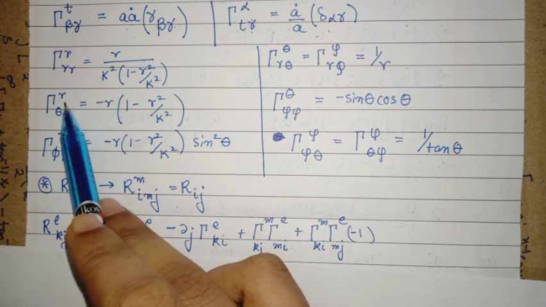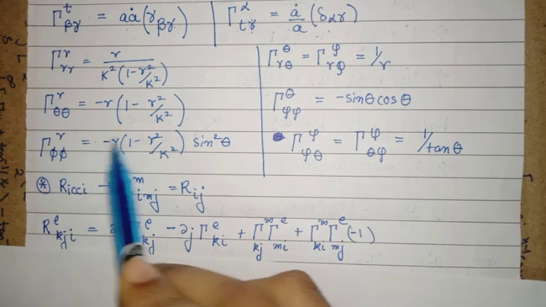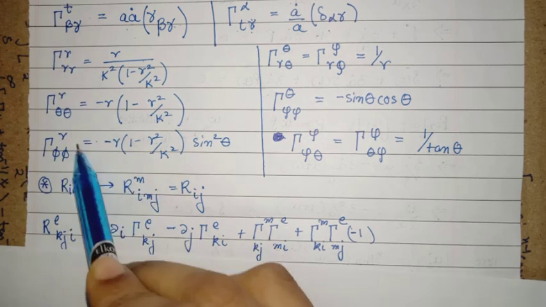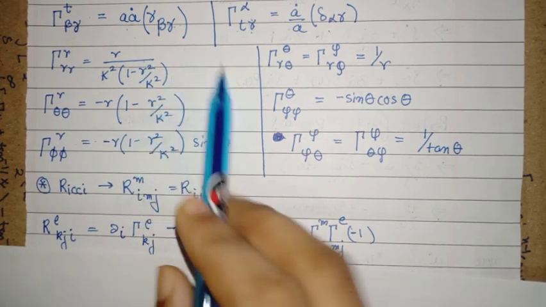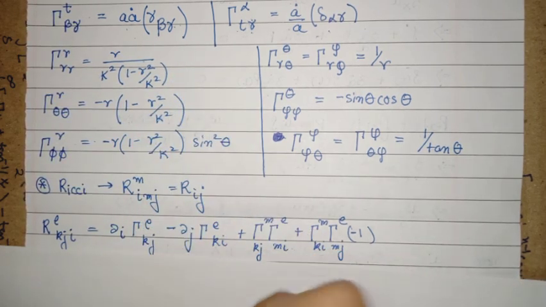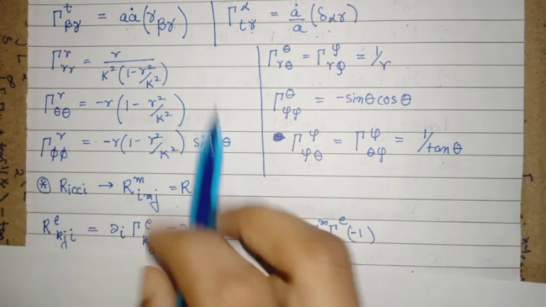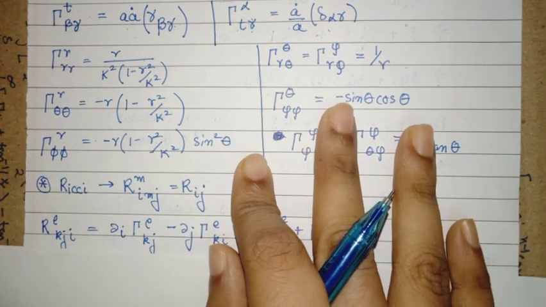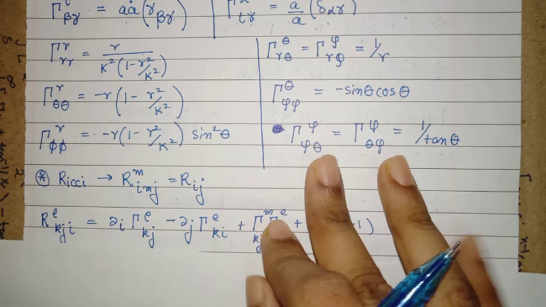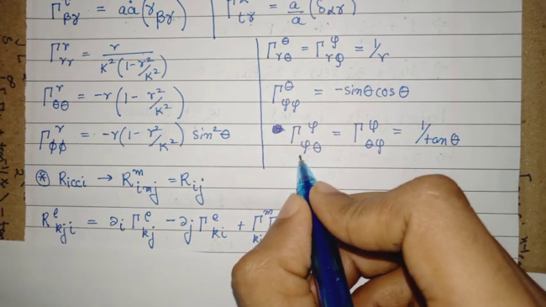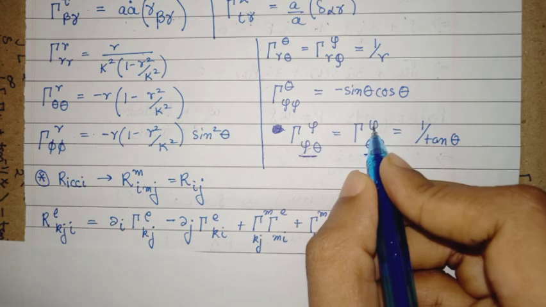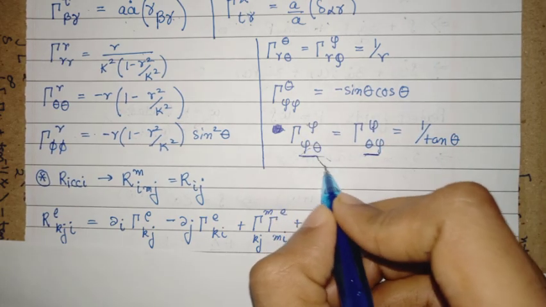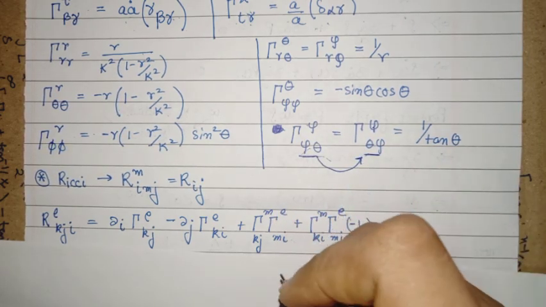The explicitly spatial components have been derived here, but they really need to follow from the relation that we have between the Christoffel symbols and the metric. Also here you can see theta phi interchange, and this shows that the torsion is 0.